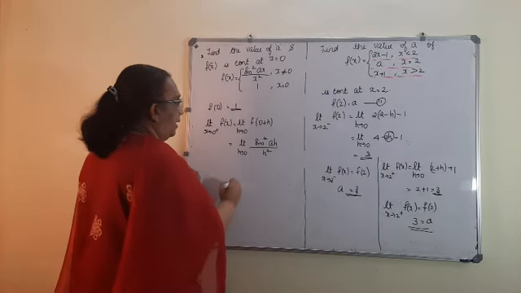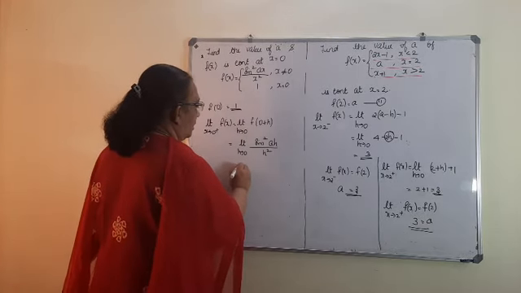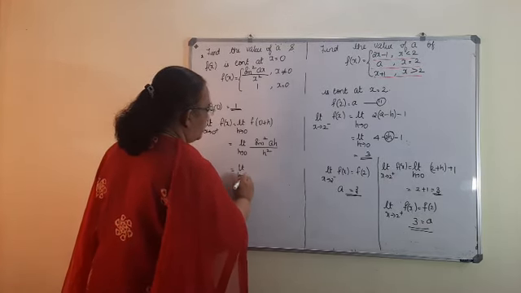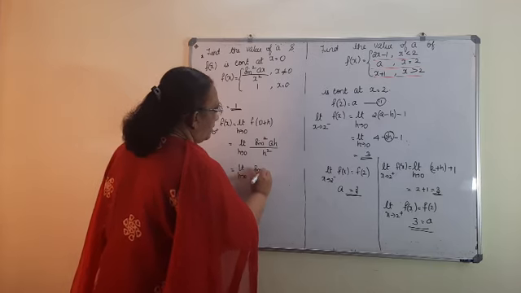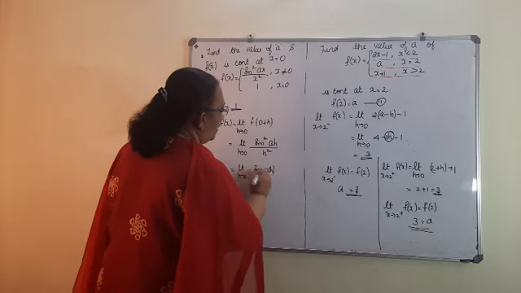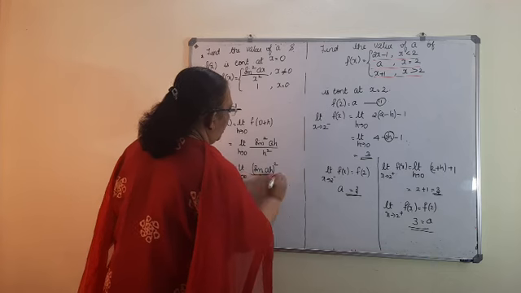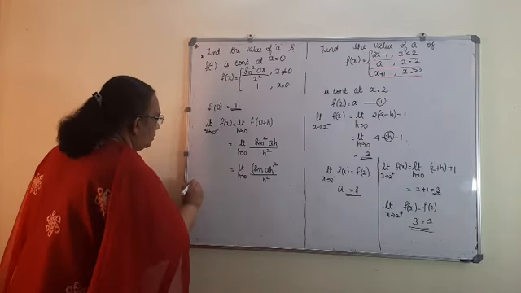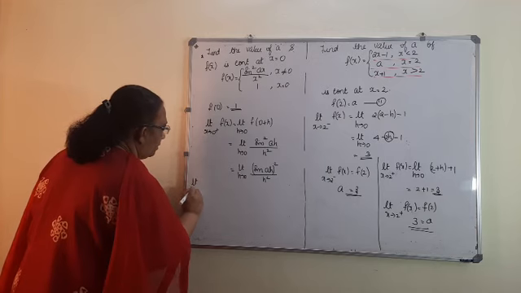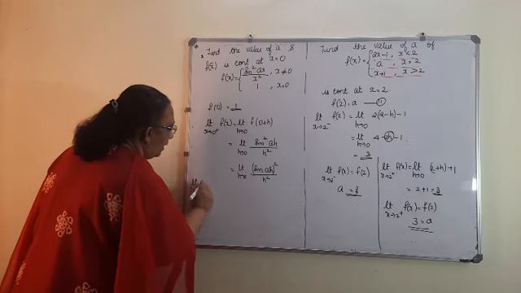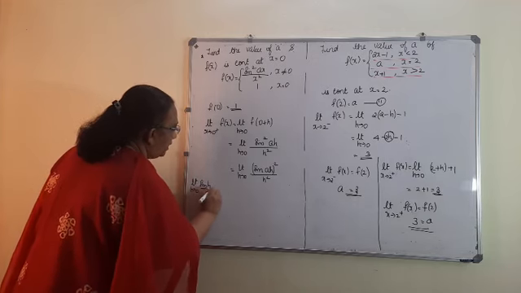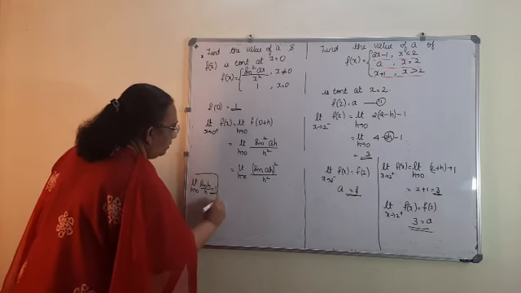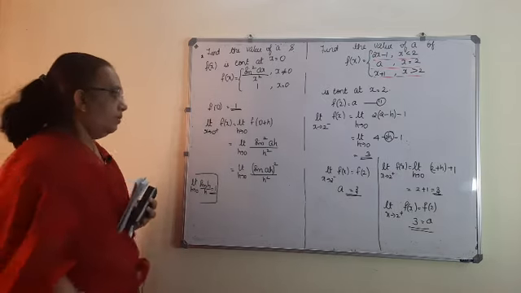I'll rewrite this as sine ah the whole squared by h squared. But you know that limit h tending to 0 of sine h by h is equal to 1.